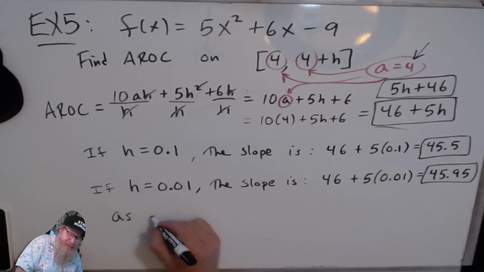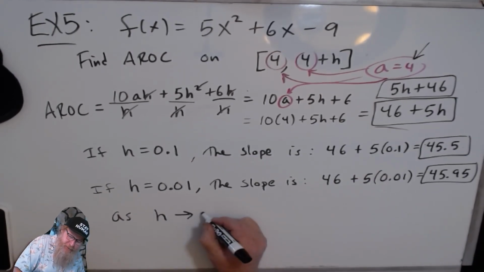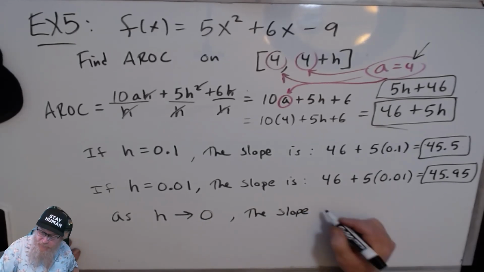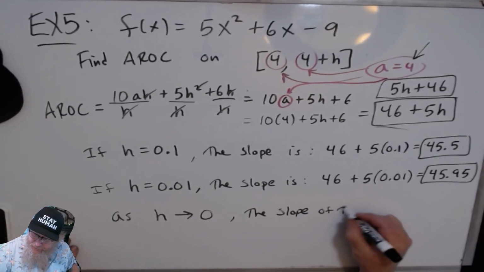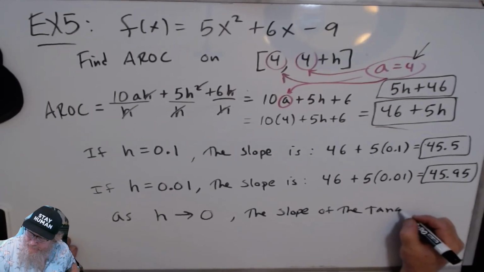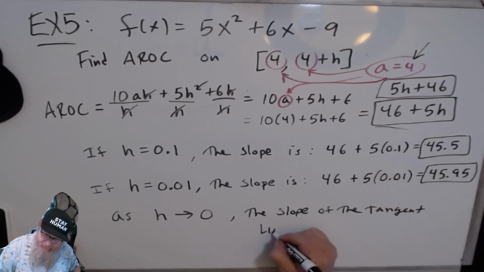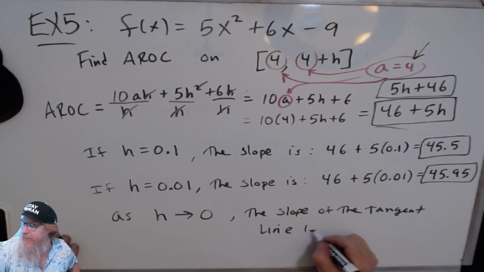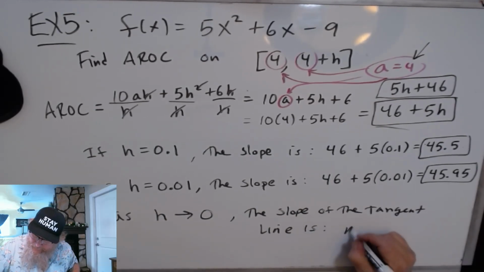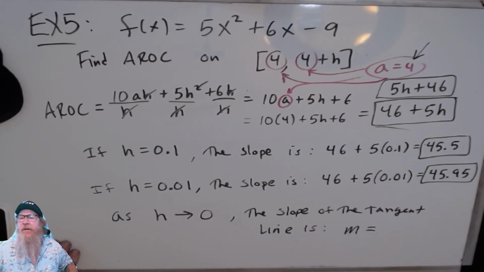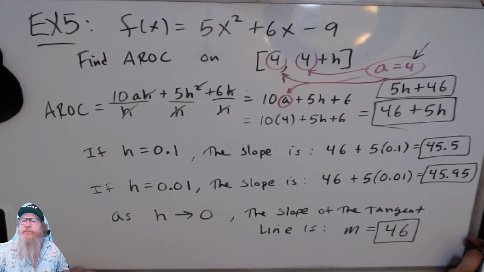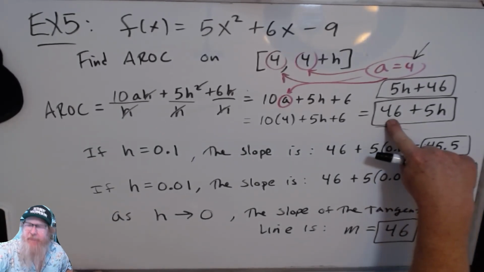So as h approaches 0, the slope of the tangent line is equal to, let's just call it m, 46. And you can kind of see that right here.